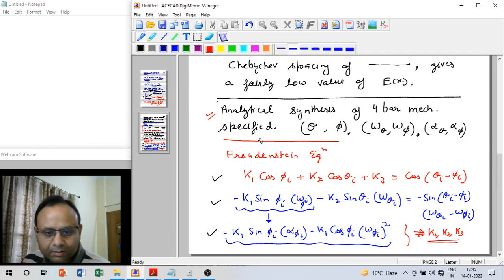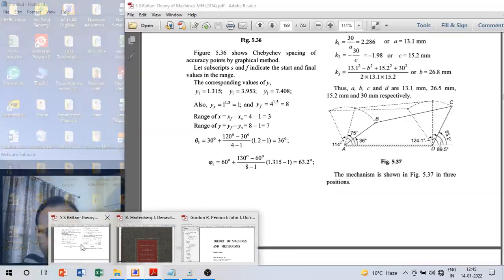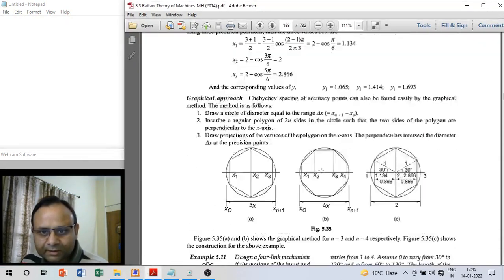That's all. If you want to go through this in the textbook, let us see in Ratan.